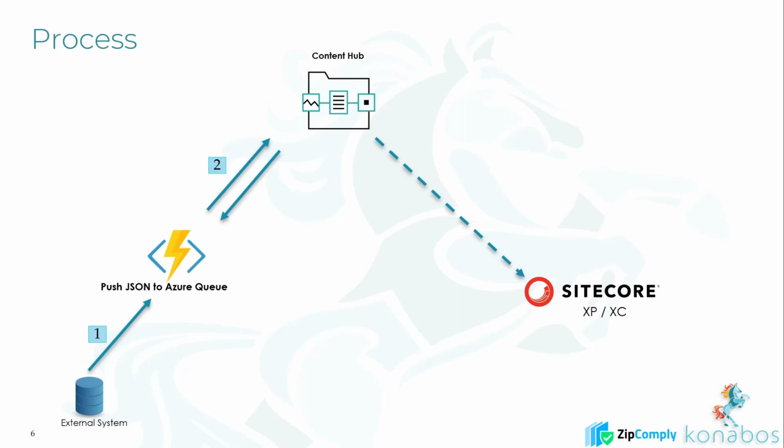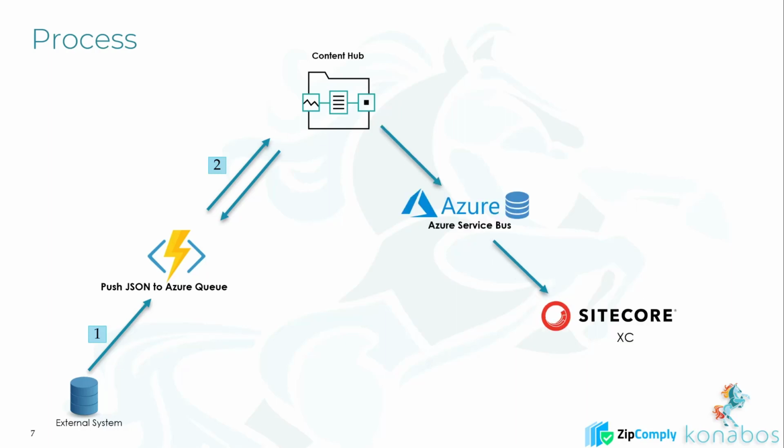Now, how do we do that? The way we ended up doing it, and we're trying to find efficiencies in doing so, is using the existing integrations Content Hub already has with Azure Service Bus and Event Bus. Once something changes in Content Hub, especially the PCM product when it's in the published state, we want to trigger an action, and that will put a message inside of the Azure Service Bus, which is then picked up by your end system.